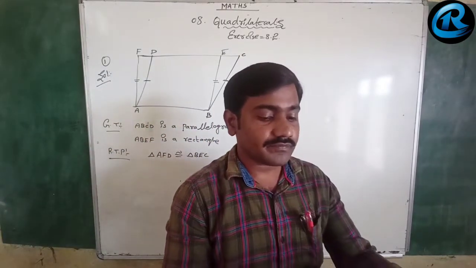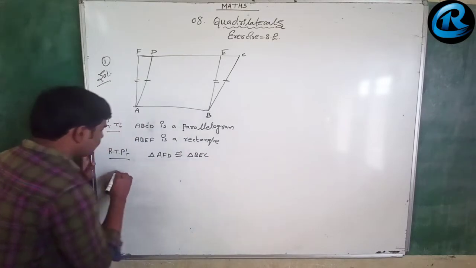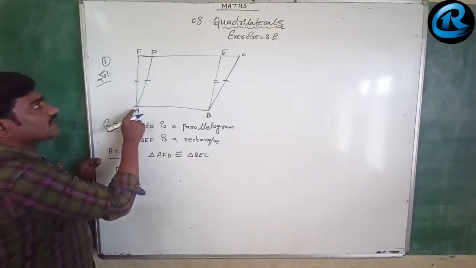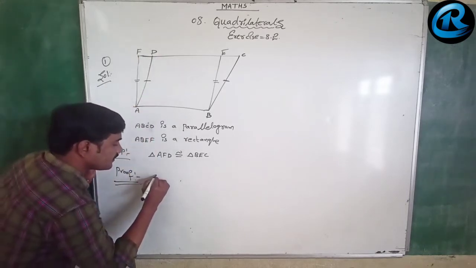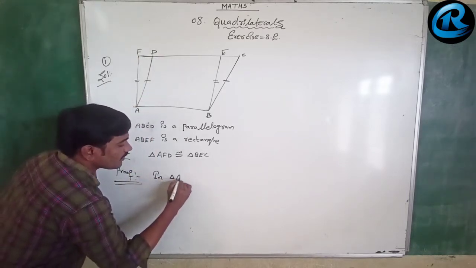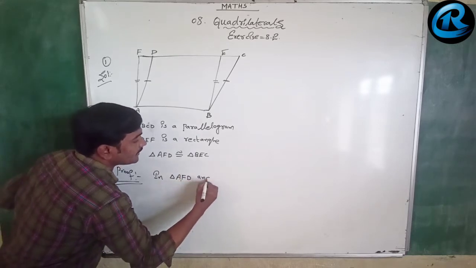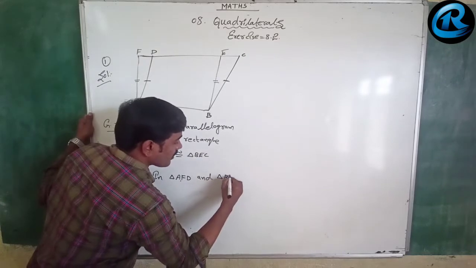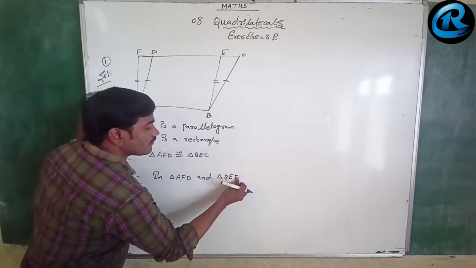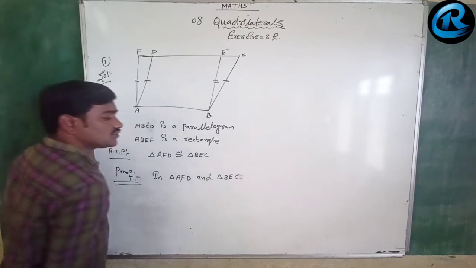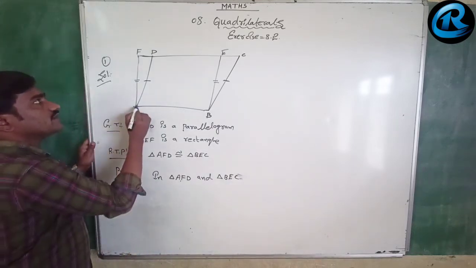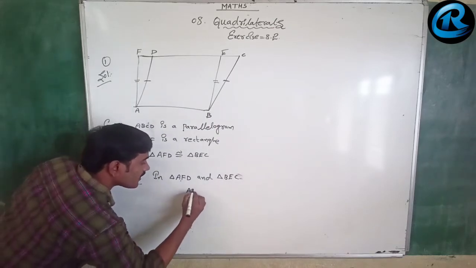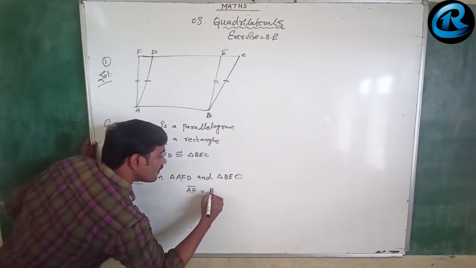First of all, let's go for the proof now. In triangle AFD and triangle BEC, in these two triangles, as we know, AF is equal to BE.